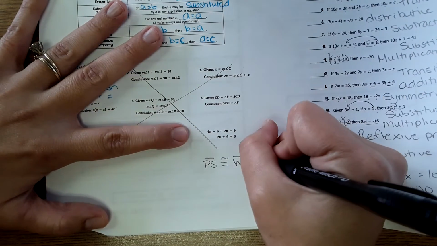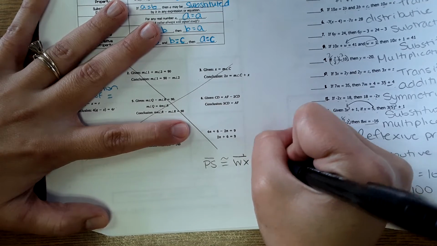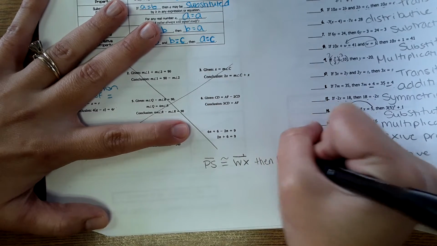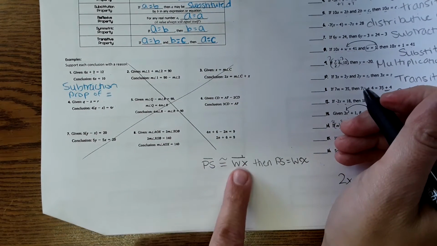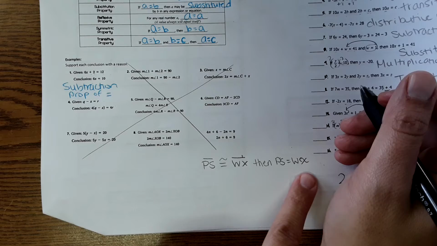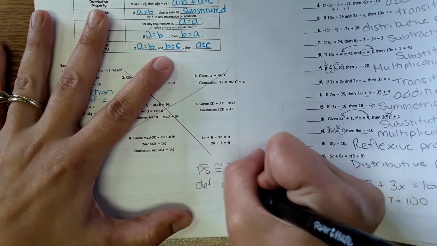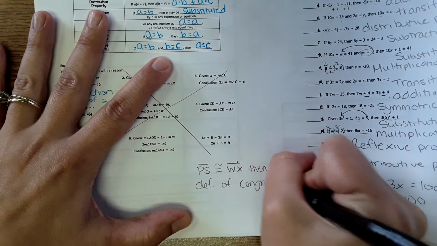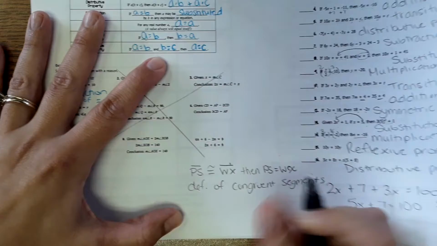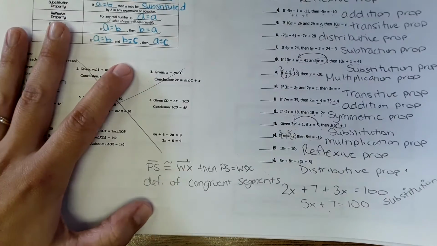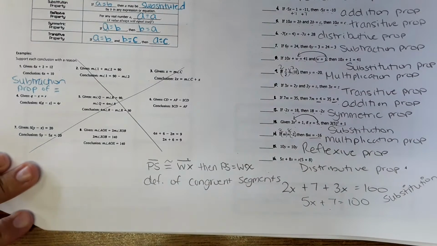So then, therefore, PS equals WX's length. If PS is congruent to WX, then the length of PS is equal to WX, and that is because of the definition of congruent segments. So if two segments are congruent, then they have the same length. We might touch on that tomorrow, but it is one of the homework problems that might come up, so I wanted to mention that.